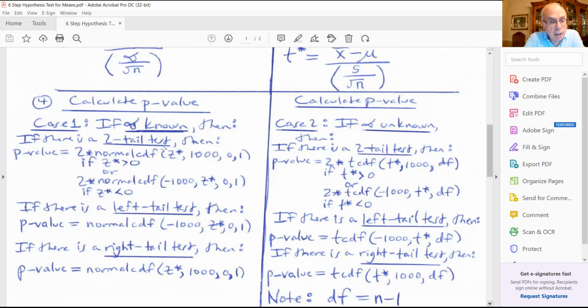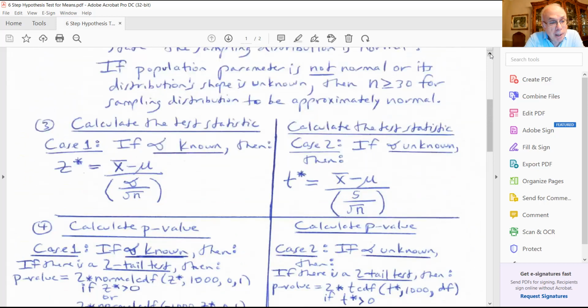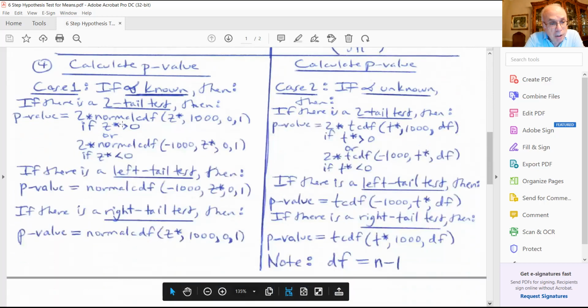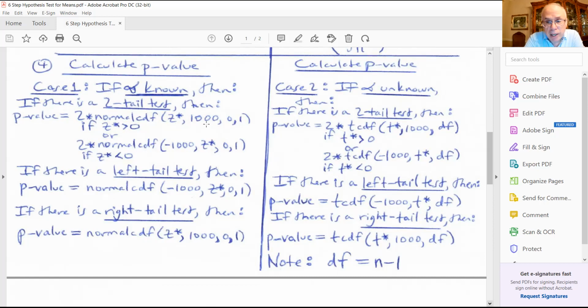So if you calculate z star in step 3, and it's positive, and it's a two-tailed test, then we're going to use this syntax in our calculator. 2 times normal CDF, and the first number is going to be that number in step 3, the z star. And then we're going to put 1,000. That's good enough as the right endpoint. And 0, 1 is our mean and standard deviation because Z is a standard normal.